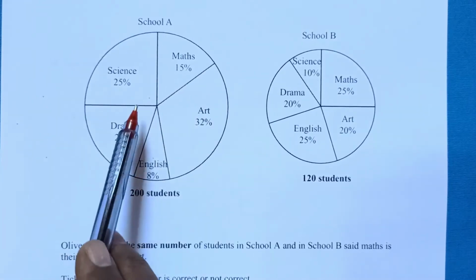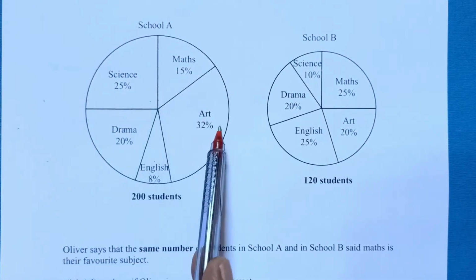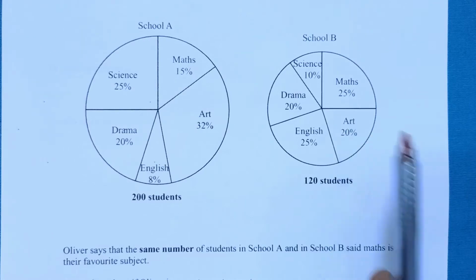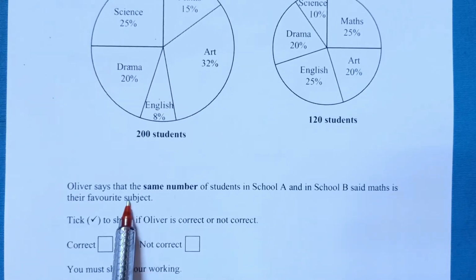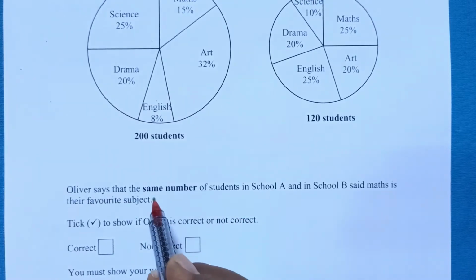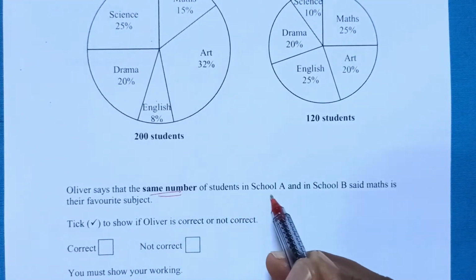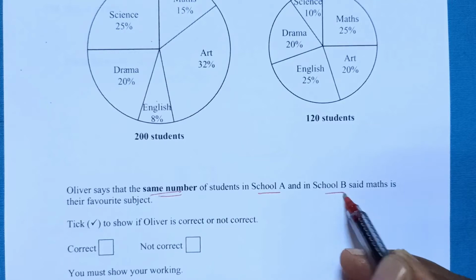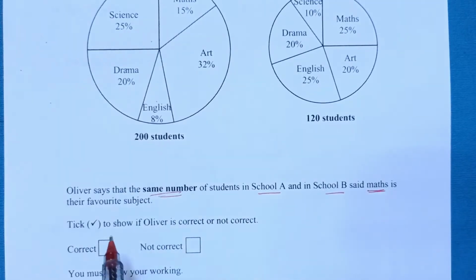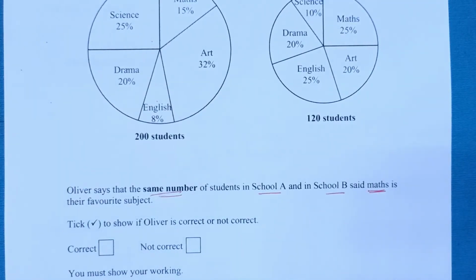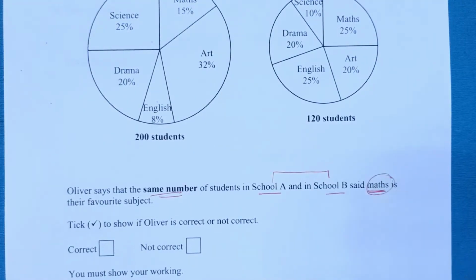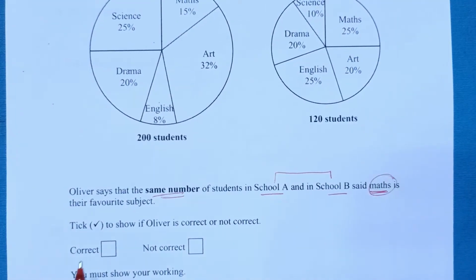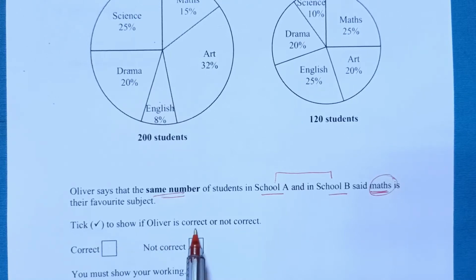So you can see we have different subjects here: science, maths, art, drama, English, and the same on the other school. Olivier says that the same number of students in school A and in school B said maths is the favorite subject. So what do we need to look at in both schools, school A and B, that is about the maths. Then tick to show if Olivier is correct or not.